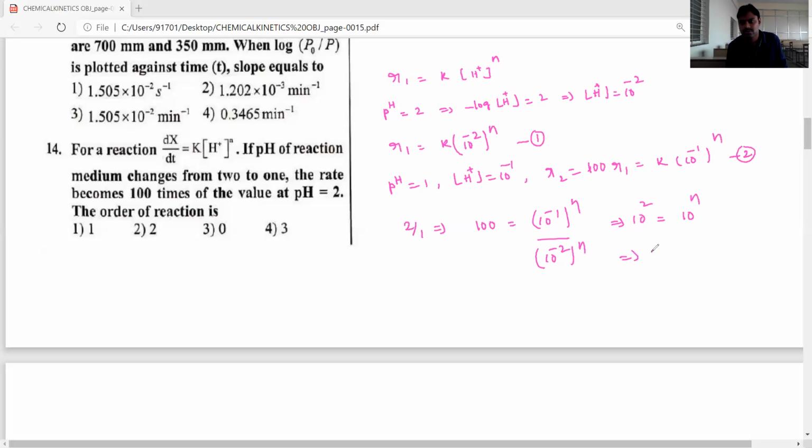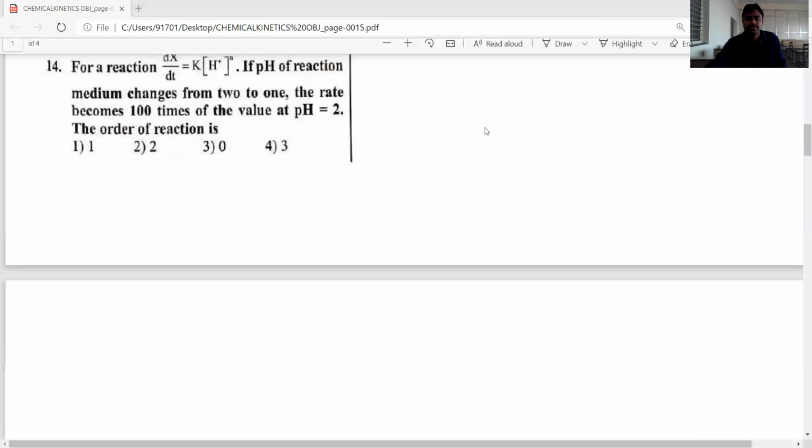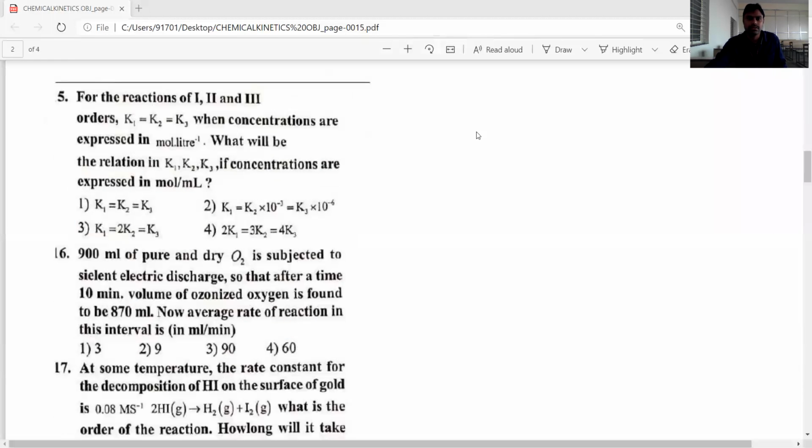Then n is equal to 2. The answer is the second option. Okay, let's go for the next question. 15th question.